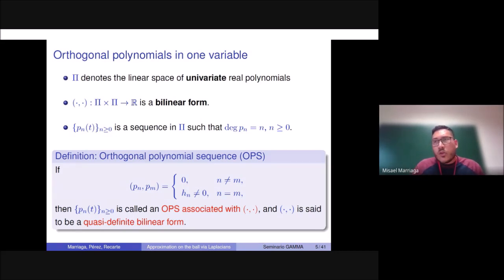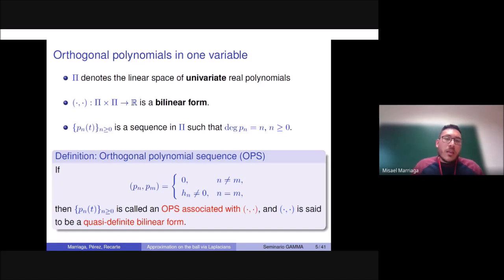So whenever I have the unitary case, I can apply a Gram-Schmidt procedure to the sequence of monomials in the natural order. Whenever you apply orthogonalization to this sequence, what you will obtain is an orthogonal polynomial of degree n that is orthogonal to all polynomials of degree less than n, and this is a unique polynomial up to a multiplication factor.